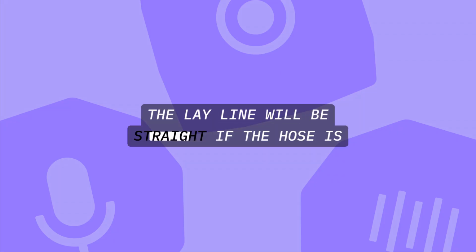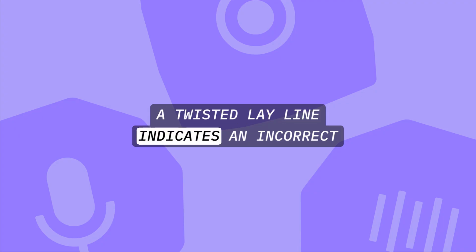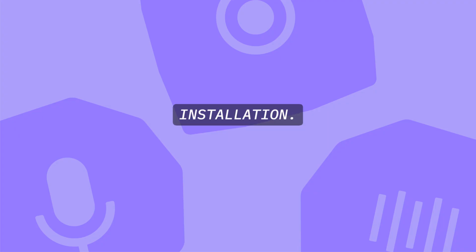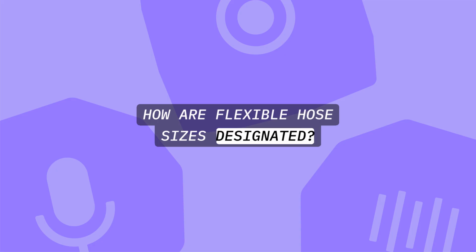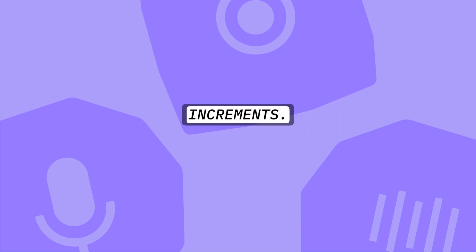The lay line will be straight if the hose is properly installed. A twisted lay line indicates an incorrect installation. How are flexible hose sizes designated? By the inside diameter, measured in 1/16 inch increments.